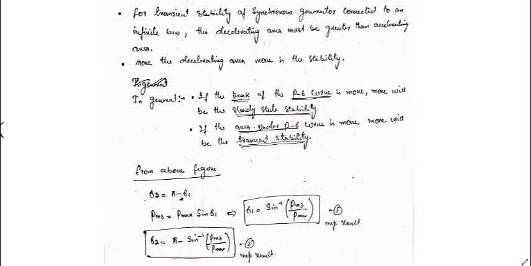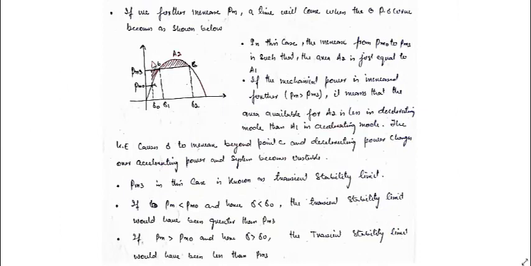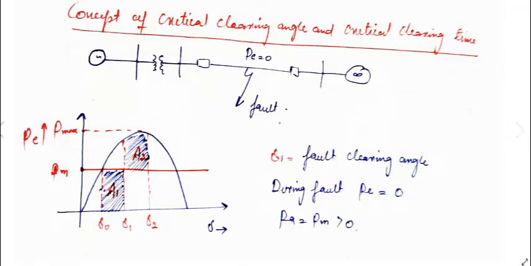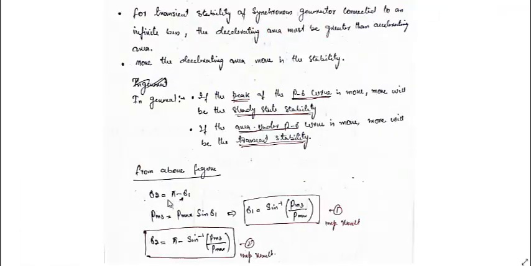Now Pm3 will be equal to Pmax sine of delta 1, because this point will be the same as point B. When delta is equal to delta 1, then P will be equal to Pm3. So at this point, P is equal to Pmax sine of delta 1.